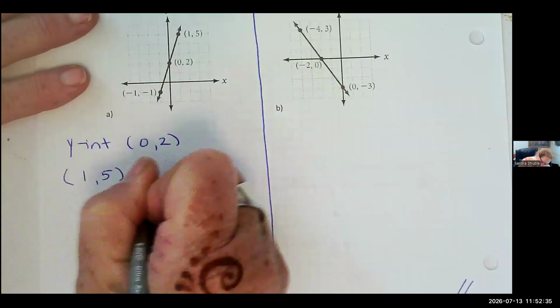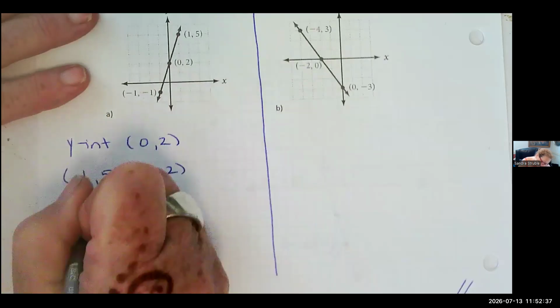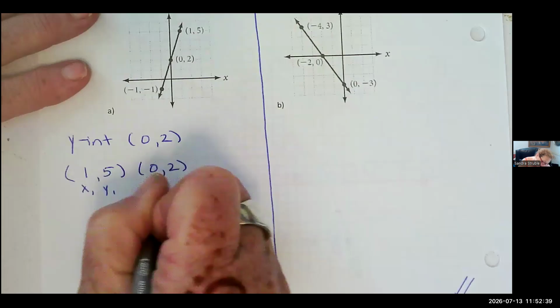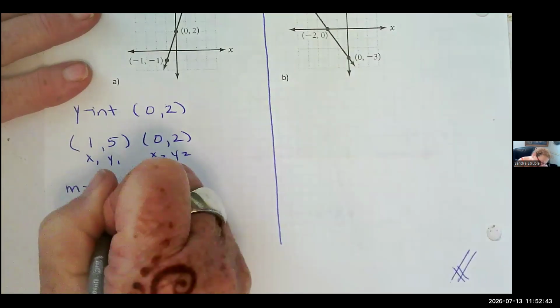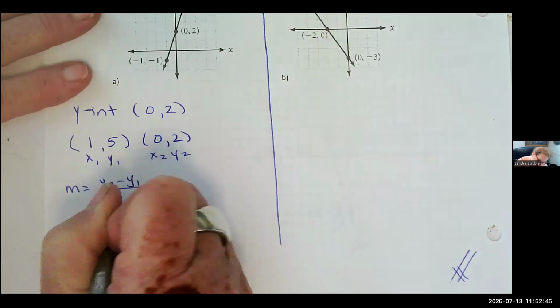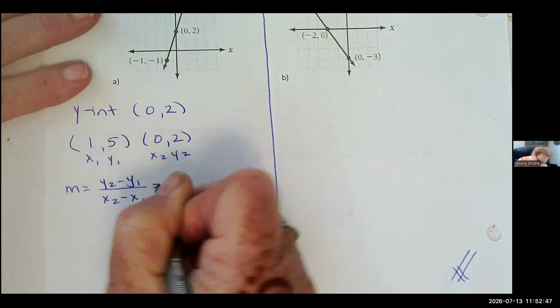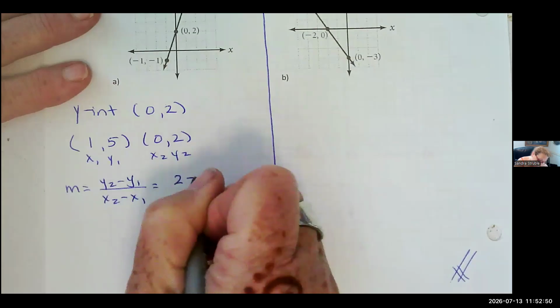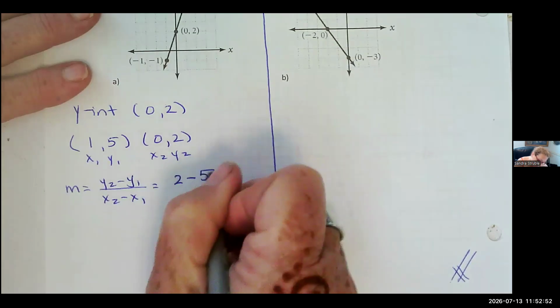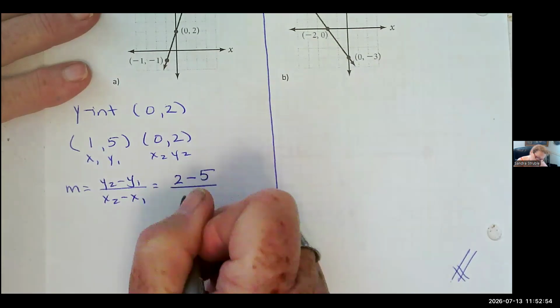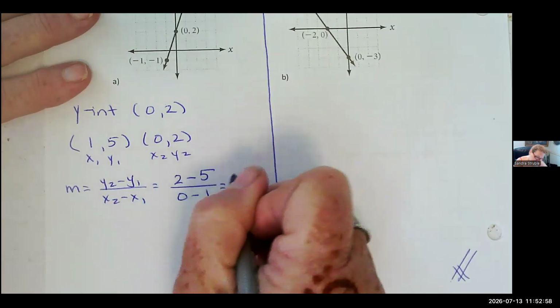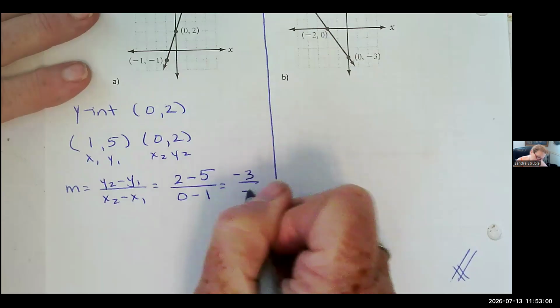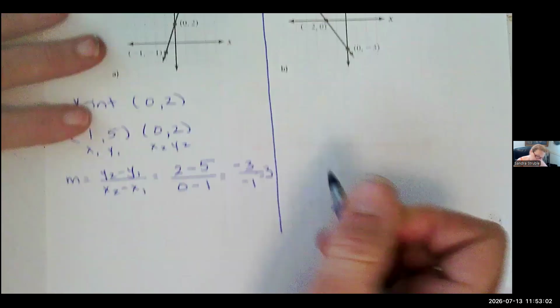Label x1, y1, x2, y2, and then plug and chug into your y sub 2 minus y sub 1 over x sub 2 minus x sub 1. Y sub 2 is 2. Minus y sub 1 is 5. X sub 2 is 0. Minus x sub 1 is 1. This becomes -3 over -1, which is 3. So m is equal to 3.